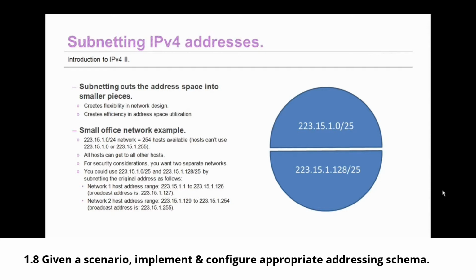Each of those subnets would have 126 possible host addresses. So you took your possible 254 hosts available in one network and broke it down so that you now have two separate networks, each capable of having 126 hosts. And that's an example of subnetting an IPv4 address.